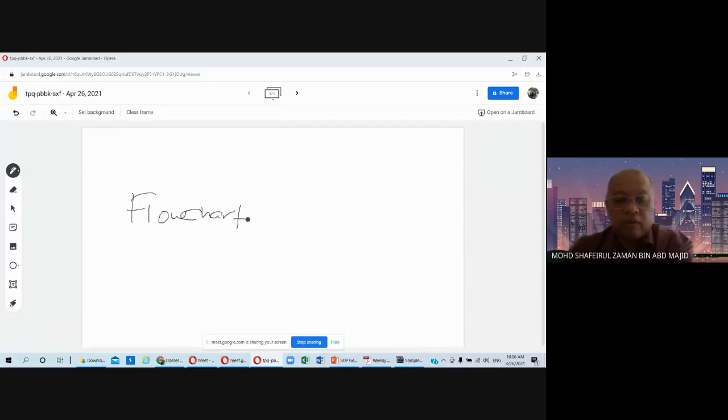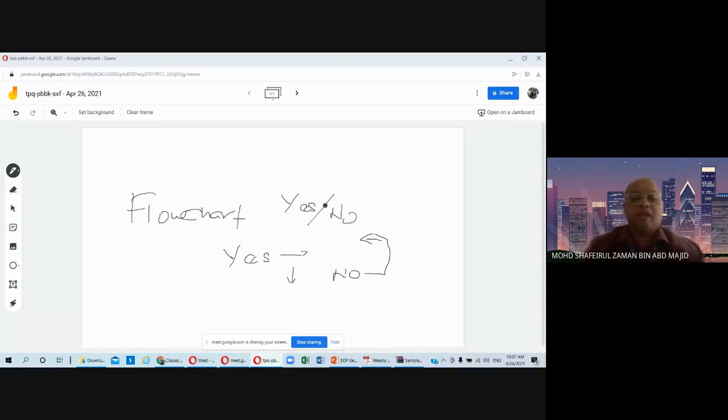You're going to have the yes or no question. So when it is yes, the arrow will bring you to somewhere, like this. If it is no, there is a possibility that the arrow will show you to be like this. So it means that you have to go back to the initial process. We can have a look at the example after this.